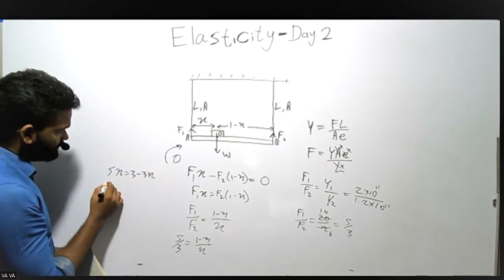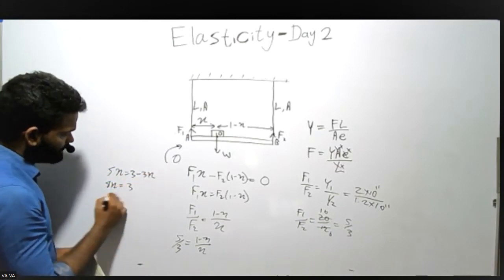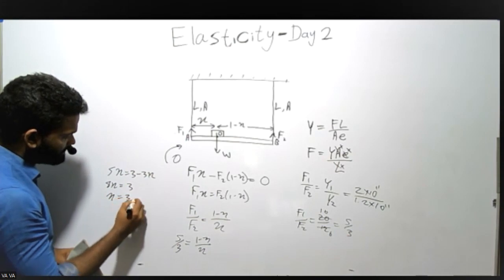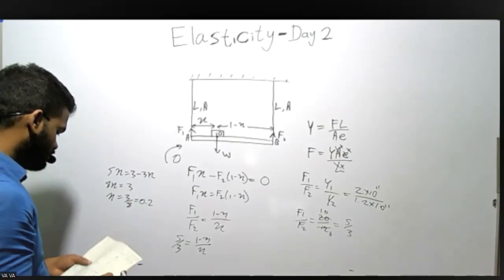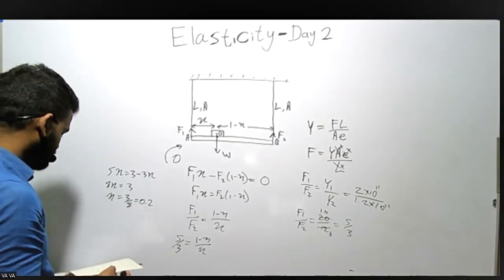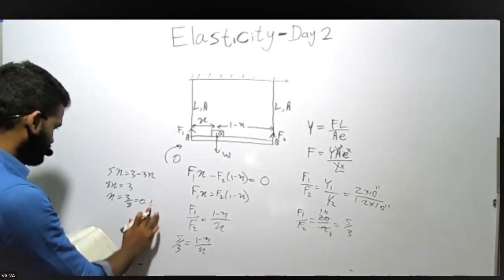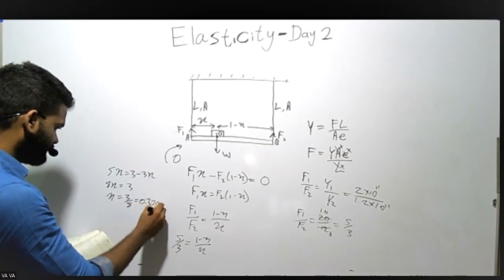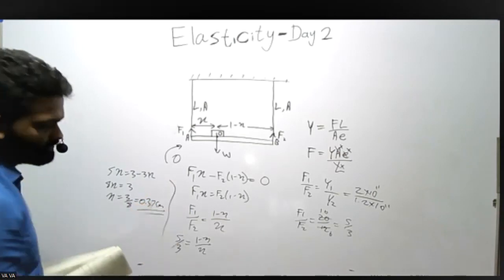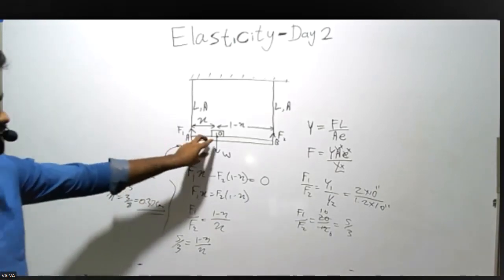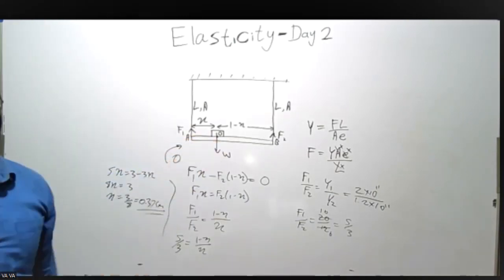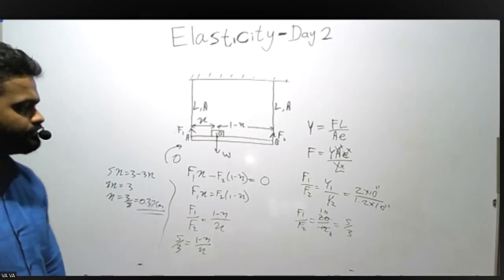Take it to this side, 8X equals 3. Then X equals 3 divided by 8, which is 0.375. So that is where you have to place this weight. That's what we found.